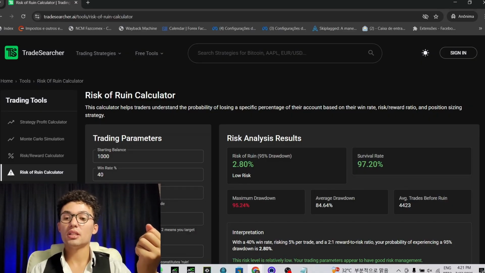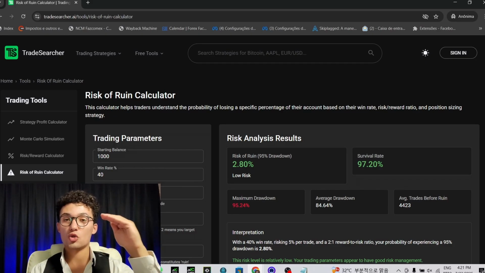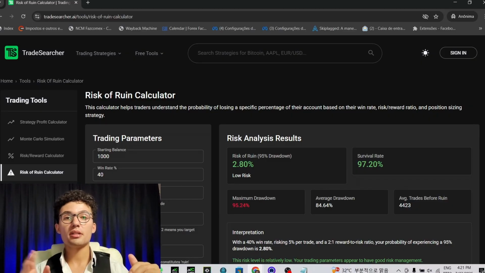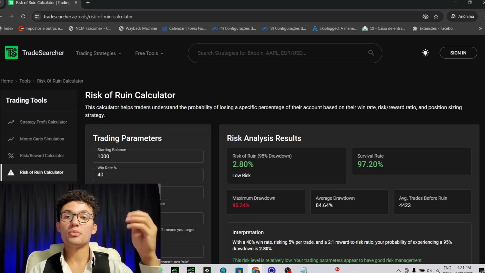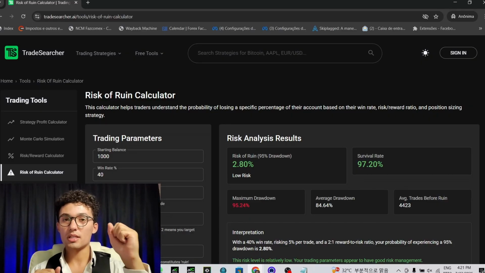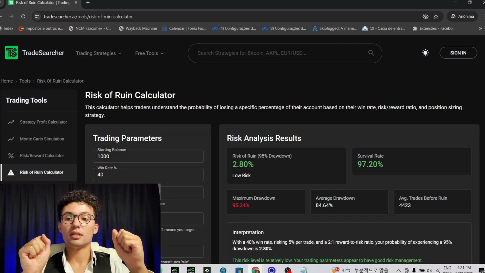Imagine you take some trade here with two times, okay? If you're risking 1 and your reward is 2. So you're risking 5% and you make 10% in a trade. So now it starts becoming more interesting, okay? Because you have a good risk that can bring you the perfect balance between risk and the return.